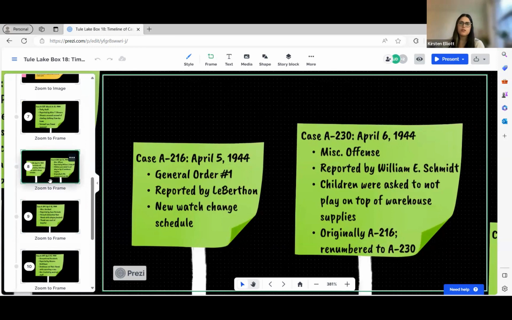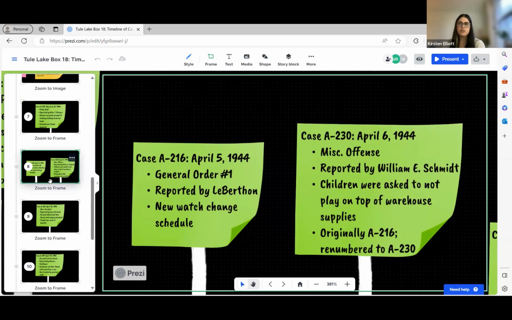This is an example of where they included general orders. Interestingly, case A230 on the right was originally numbered A216, but it looks like they realized after the fact that they wanted to include general orders in their case numbering system. So the general order was just an instruction for a new watch change schedule for the employees.